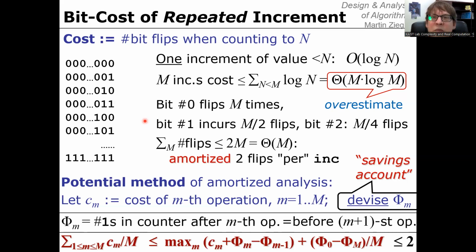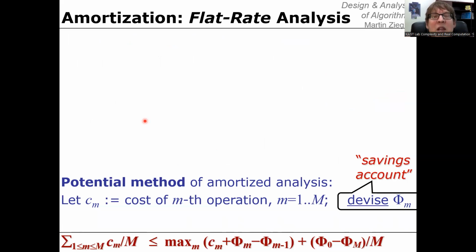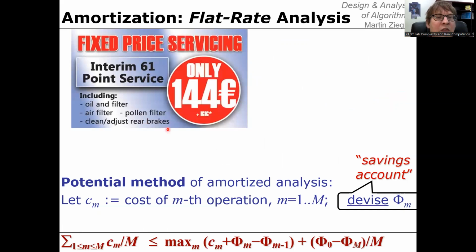So let me explain to you why it's called amortized analysis and where that savings account intuition comes from. And that comes from regular businesses. So here's an example of an advertisement of some repair service. And this is a fixed price repair service.